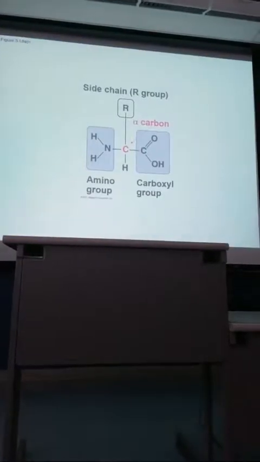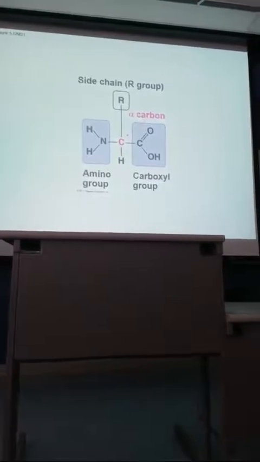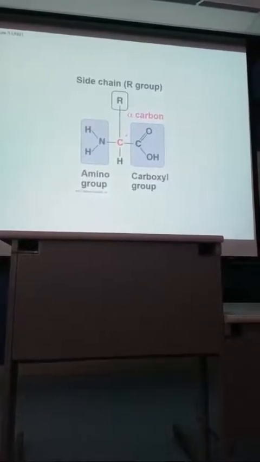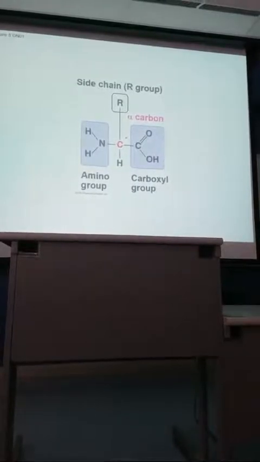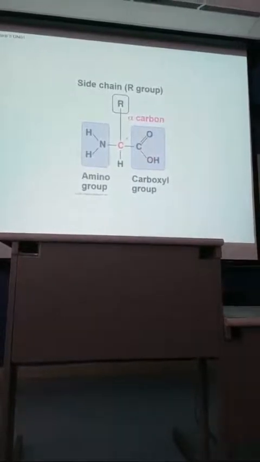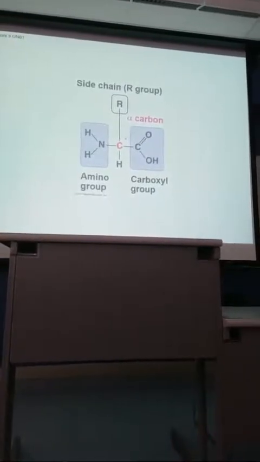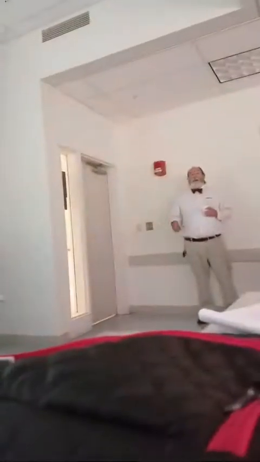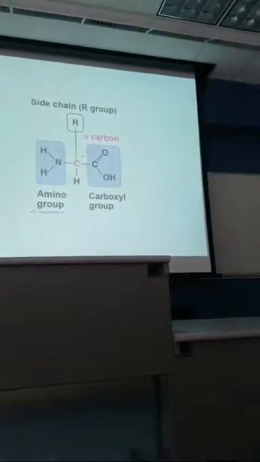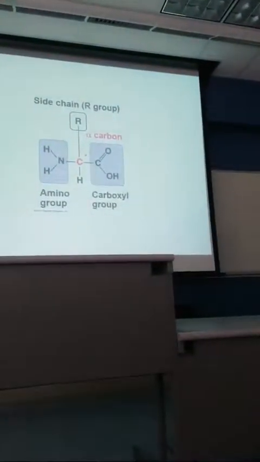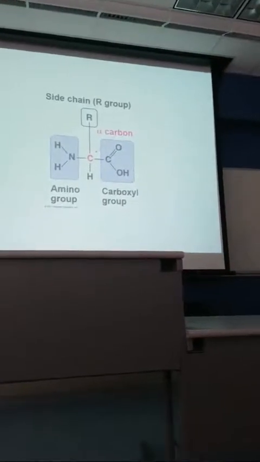You should be able to draw that right there. That is a generic amino acid. It's got an amine group attached to a carbon, attached to a carboxylate group, a hydrogen, and then some group attached here that will give each amino acid its own individual characteristics.